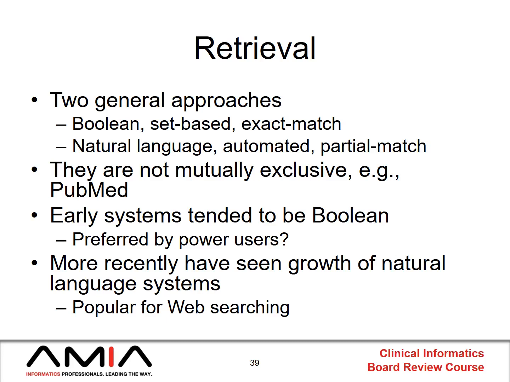The two approaches are not mutually exclusive, and many systems either explicitly or implicitly can combine Boolean and natural language searching. Many of the early search systems tended to be Boolean, and Boolean searching tends to be more preferred by experienced or power user types who want a lot of control over their searching. But as searching has become more widespread, particularly with the growth of the World Wide Web, we see that there has been a large amount of growth of natural language search systems.